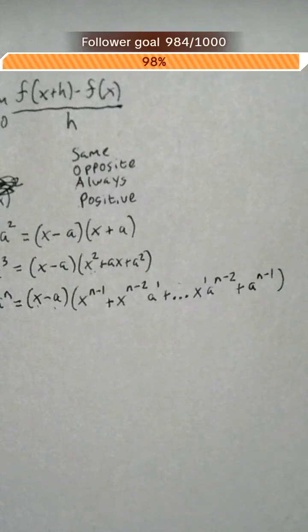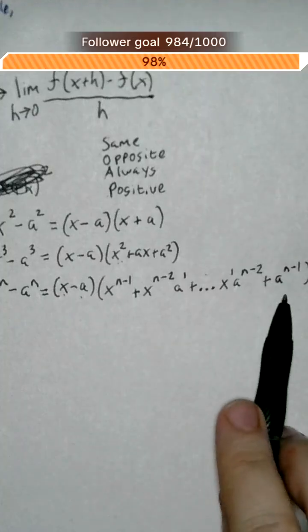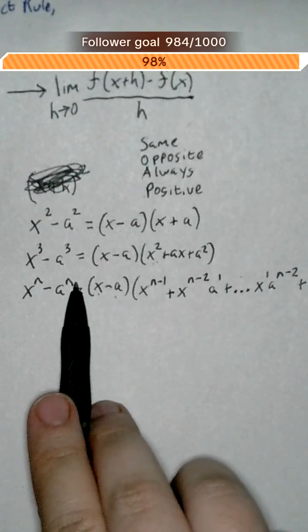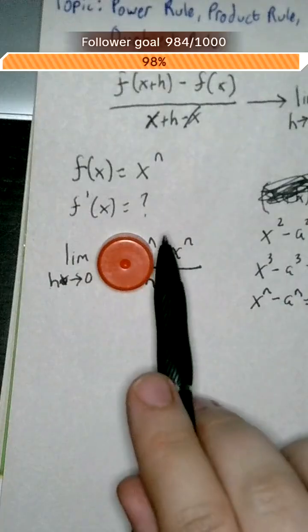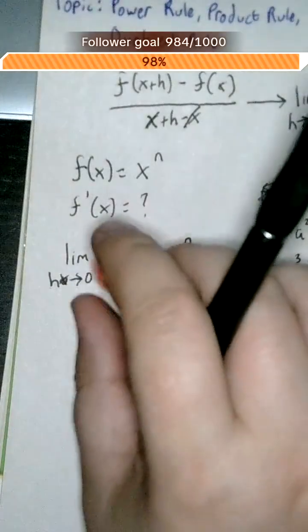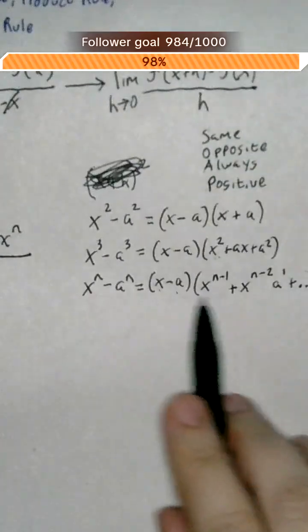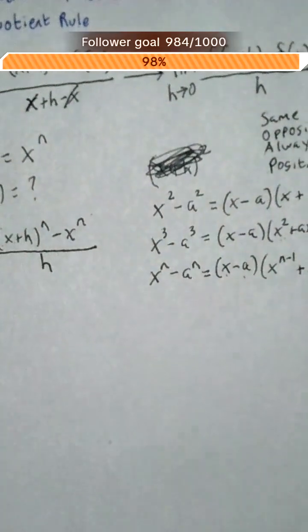We are almost there. So now, this is the complete factoring of x to the n minus a to the n. Same thing is going to be true with bottle cap to the n minus x to the n. And what's underneath the bottle cap? Well, it's x plus h. So let's apply this to that.